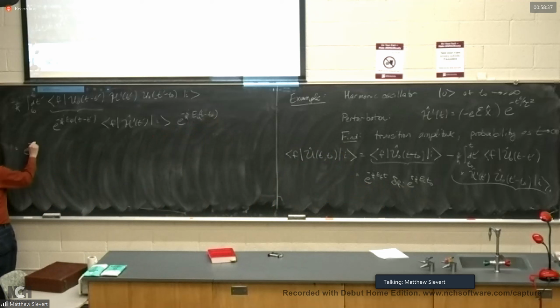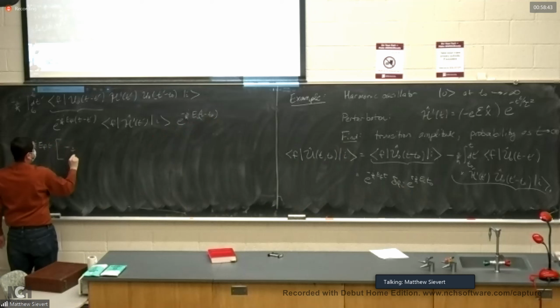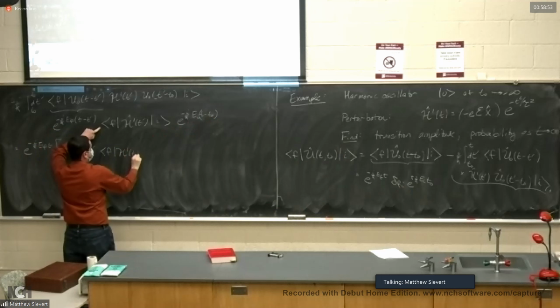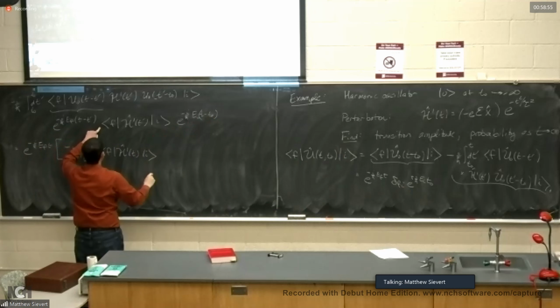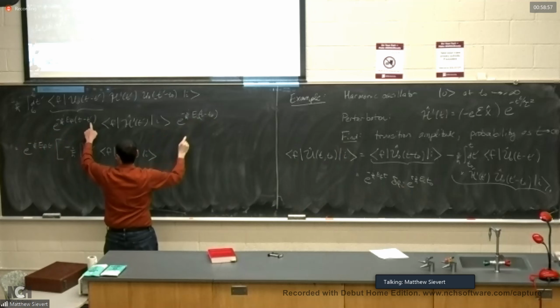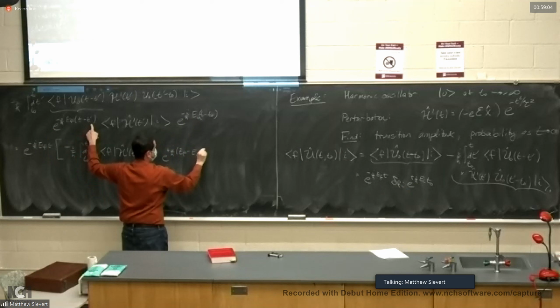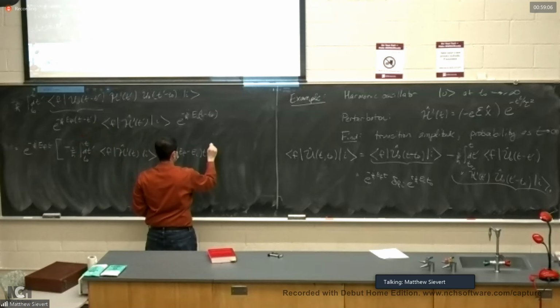So this is e to the minus i over h bar, E final times time sitting in front. Minus i over h bar, integral dt prime from t naught to t. I have the perturbation, H1 of t prime, initial, the t prime dependent stuff here is e to the plus i over h bar, E final minus E initial times t prime.